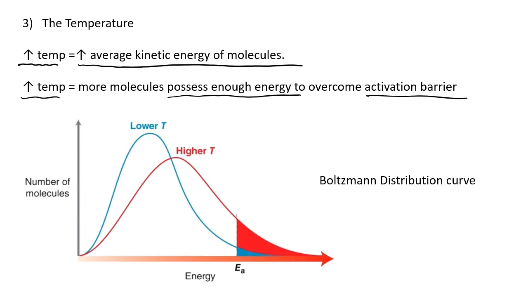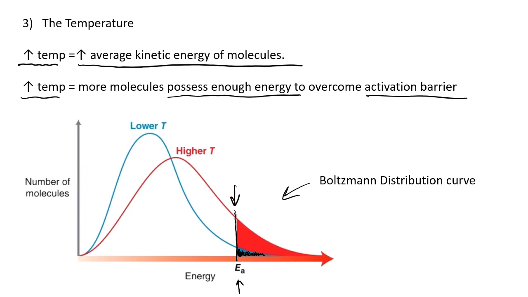So the Boltzmann curve that we're seeing here, you don't have to really worry about this. I don't test you on this. But it just shows you that on the y-axis, we have the number of molecules. The x-axis is your energy. At a lower temperature, let's say this is your activation energy right here. Look at the fraction of molecules at that lower temperature that have enough energy.